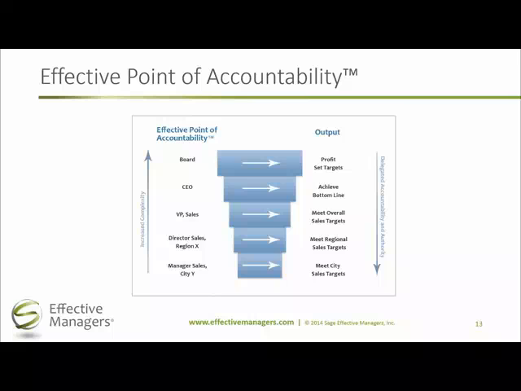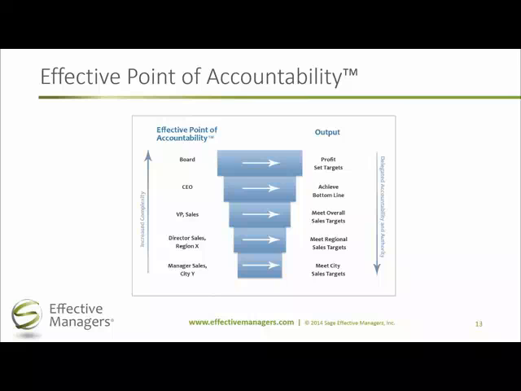So I've given you this slide. It may be a bit hard to see on the screen, but you will be able to see it in the handout that I sent around. The effective point of accountability in this example is profit for the organization. So the board sets the targets as part of the strategy. The CEO is then accountable for achieving the bottom line.